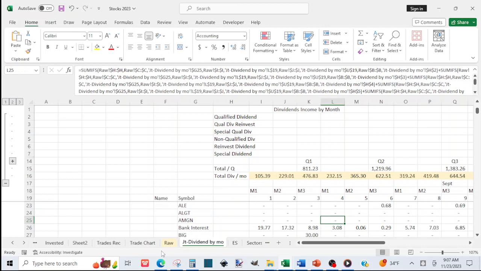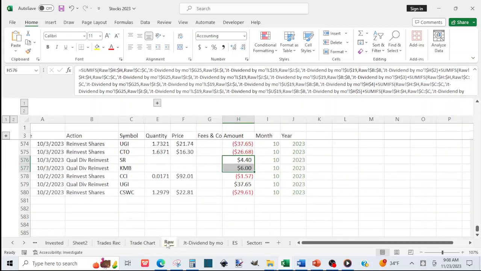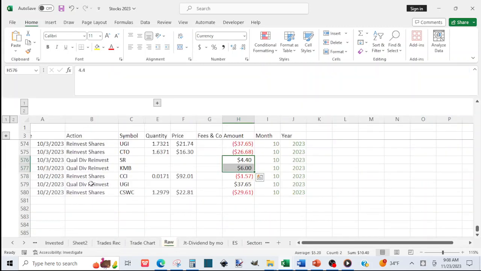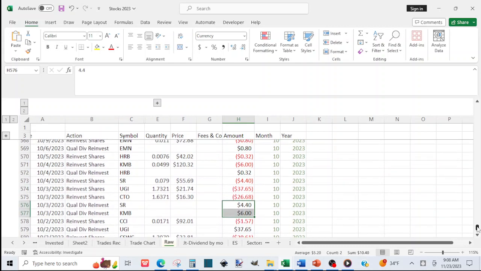So three criteria, but then because they pay with different types of criteria, I have to make sure I have all the criteria listed, and that's why the formula is long.